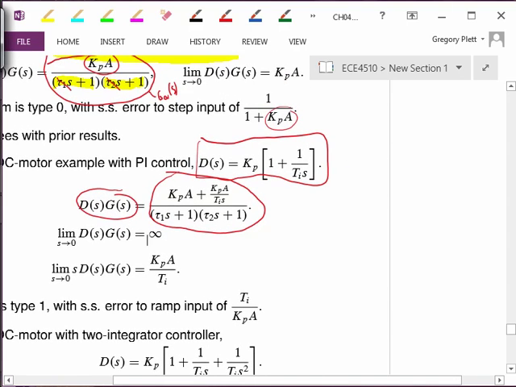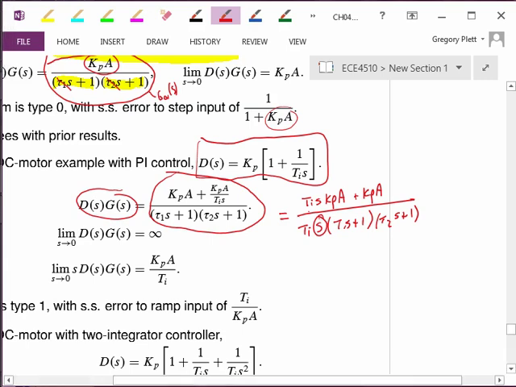Let's multiply top and bottom by TIS, and that's going to be equal to TIS times KPA plus KPA over TIS, tau 1 s plus 1, tau 2 s plus 1. Notice that I do have a pole at the origin, so this is going to be a type 1 system.